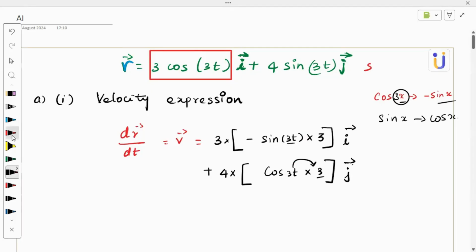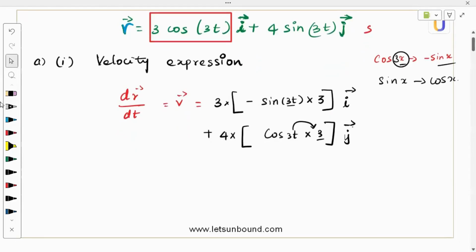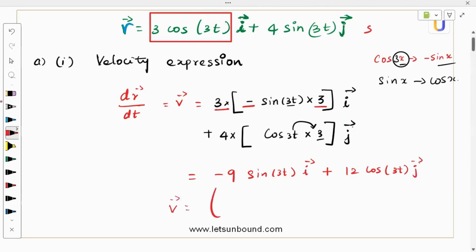Simplifying, 3 times negative 3 is minus 9 sine 3t i vector plus 4 times 3 is 12 cos 3t j vector. You can use vector notation also, the component form or the linear form, both will work.